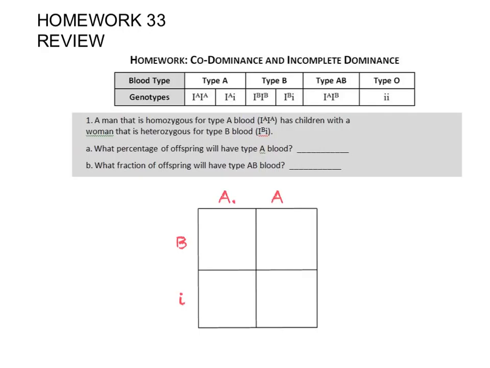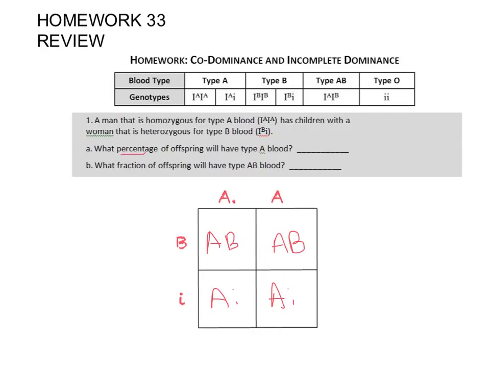Okay? Then when you're going to write this out, you're going to have a B, a B, an i, and an i. Okay? Then all you're going to do is look at your question.